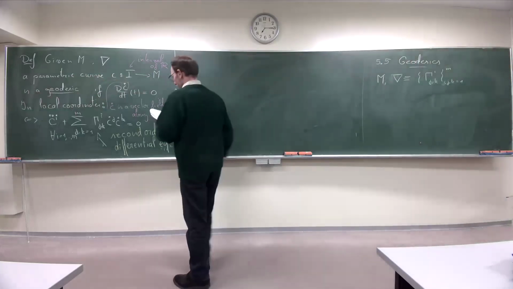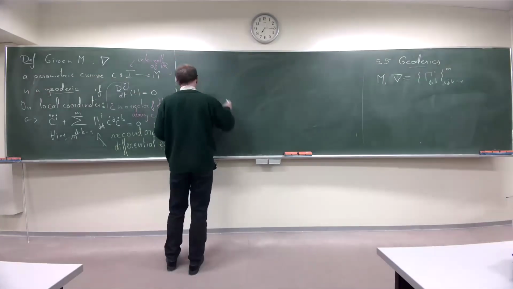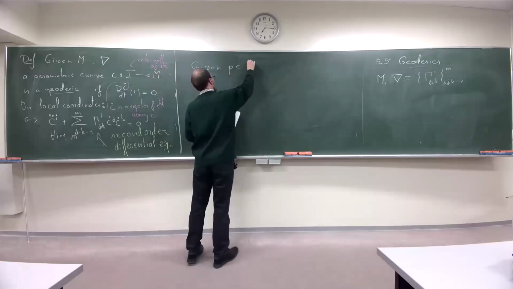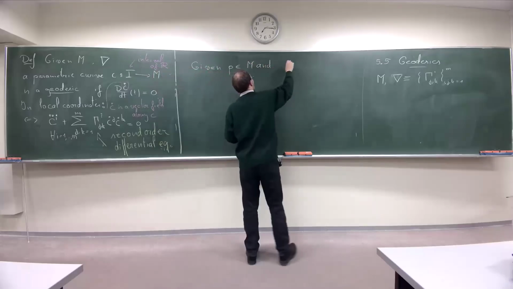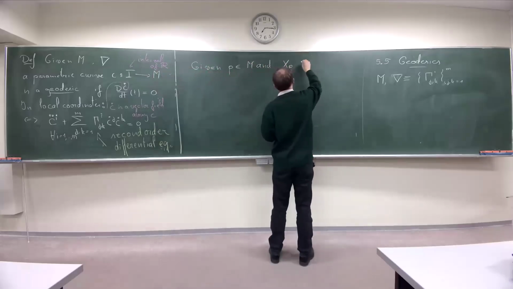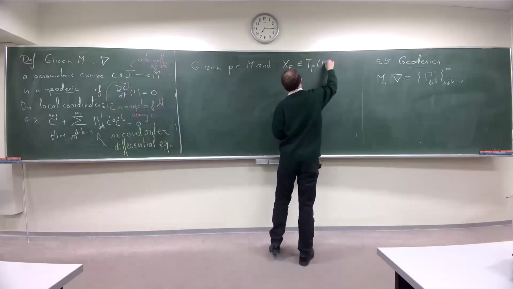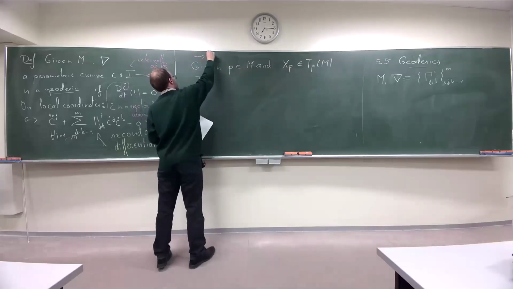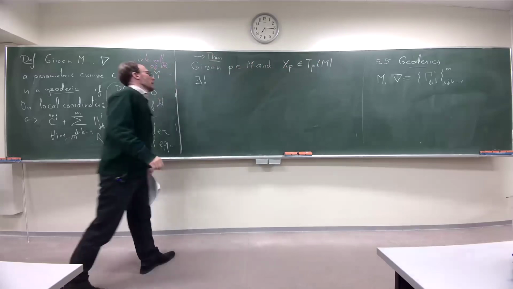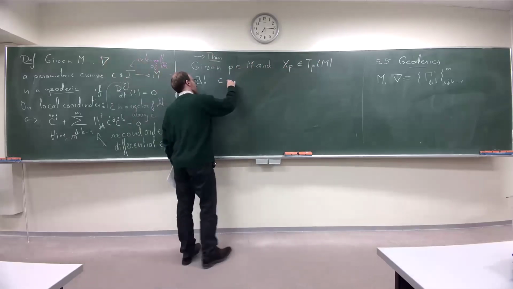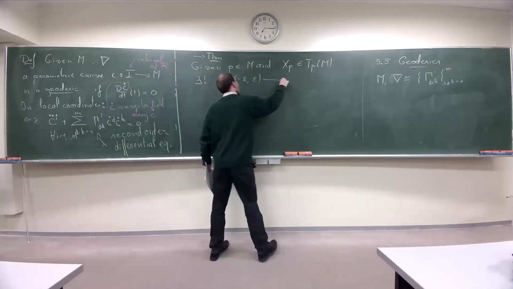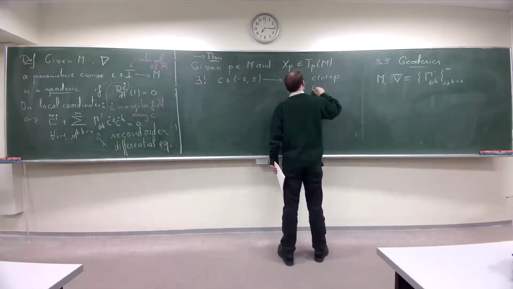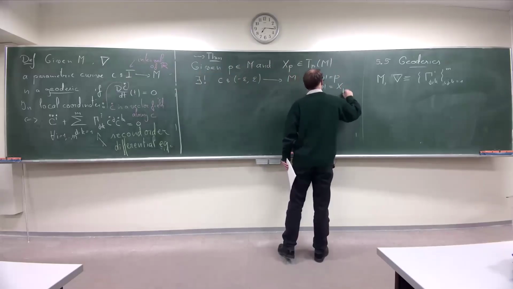So you can still write, maybe no more in the definition, but right after: given a certain point P on the manifold and any vector X_P in the tangent space at P, there exists, as a result of the existence theorem, a unique c. Be careful, it's maybe defined only on a small interval, with c of 0 equal to P and c dot of 0 equal to X_P.